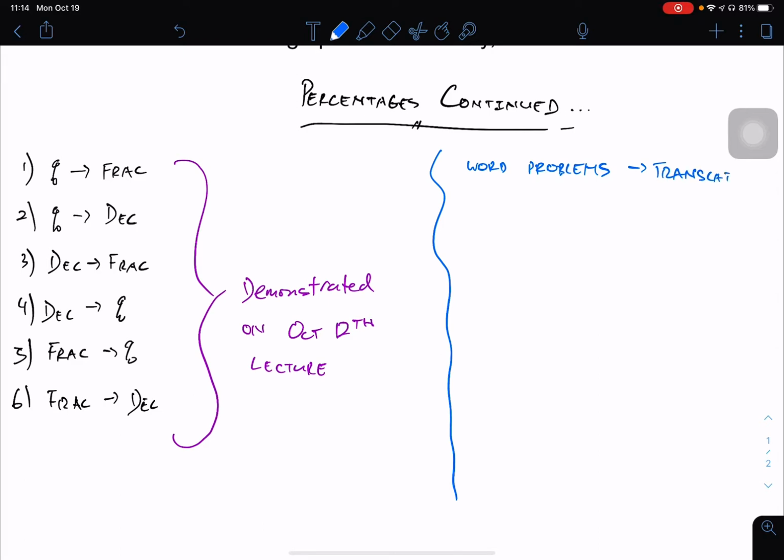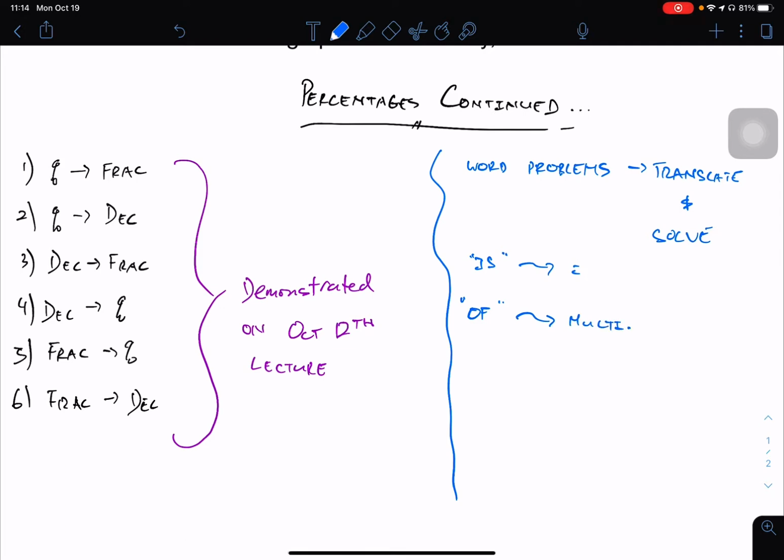You could do it the traditional way, where you set up the symbols to be equivalent to the mathematical representations. So remember, if you see "is," that's an equal sign. If you saw "of," remember that's a multiplication sign.